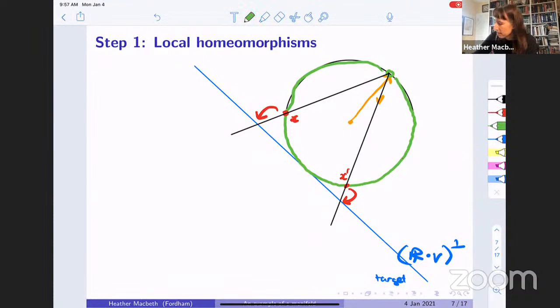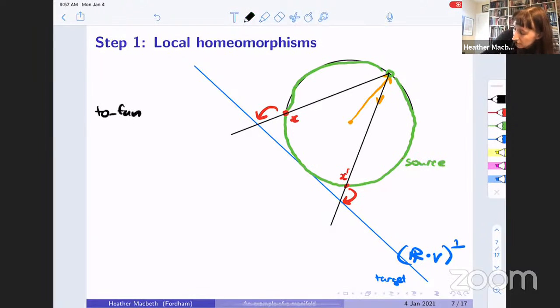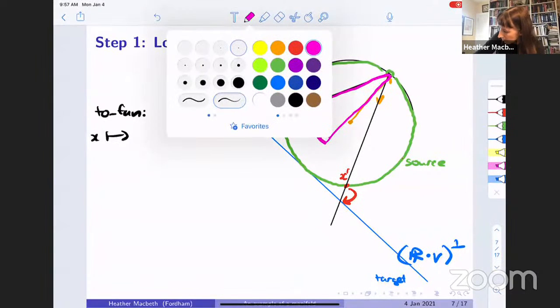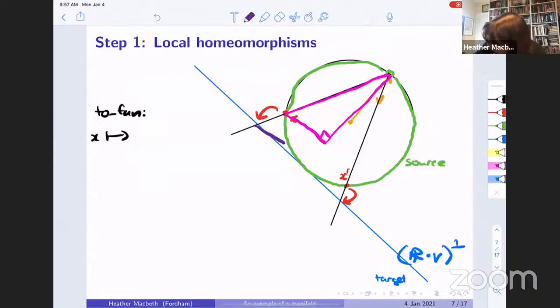I can say, maybe this is the source. So the to fun, I can work out by using similar triangles. So let me draw in a little triangle like this. And then I can draw a similar triangle, also a right triangle, that goes all the way to the orthogonal complement. It's going to look more like this. And that gives me a scale factor that I can use to work out where x is sent.